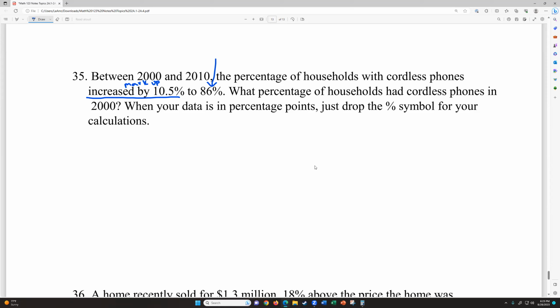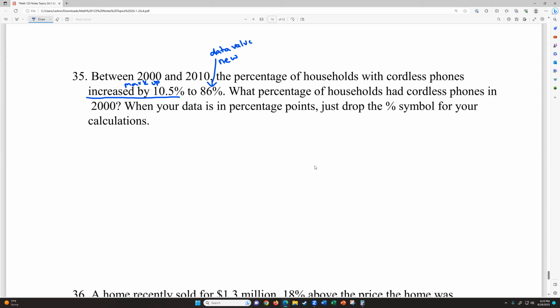So all of our data values up to this point have been things like weight or grams or money. You can have data values that are percentages too. This percent, though, is the markup percent. This 86% is just a data value, okay? And it is our new, because it's what we had after the increase. So this is the new value.